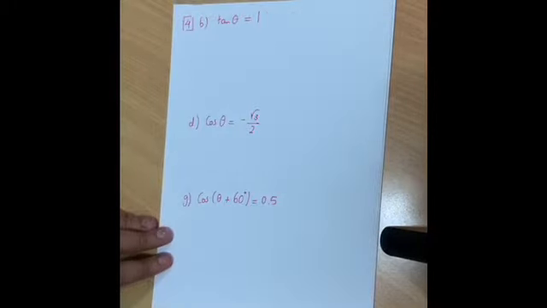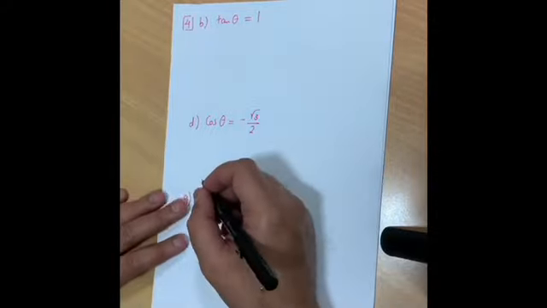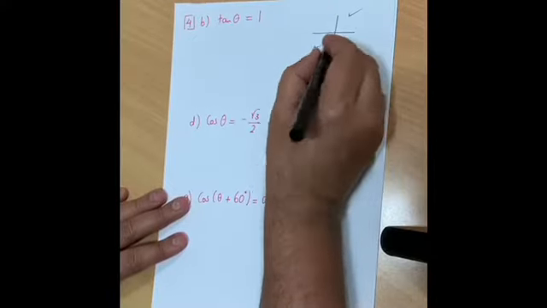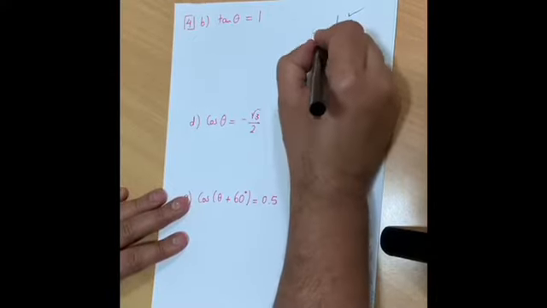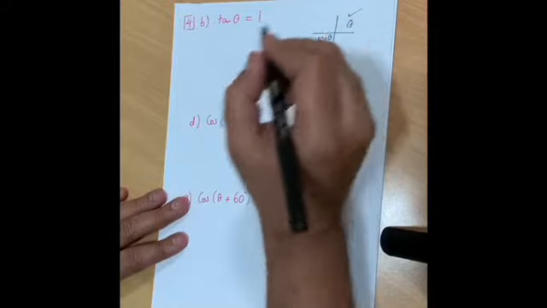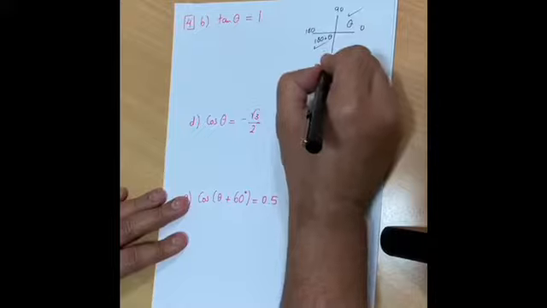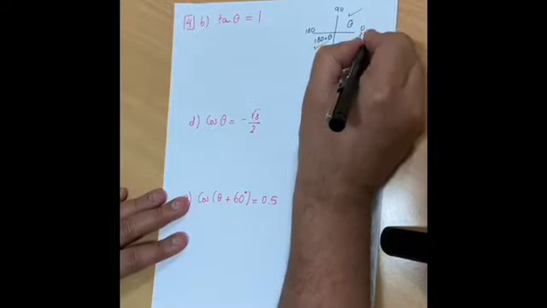Tan theta is equal to 1. Tan is positive on the first and third quadrants, theta and 180 plus theta, from 0 to 360.